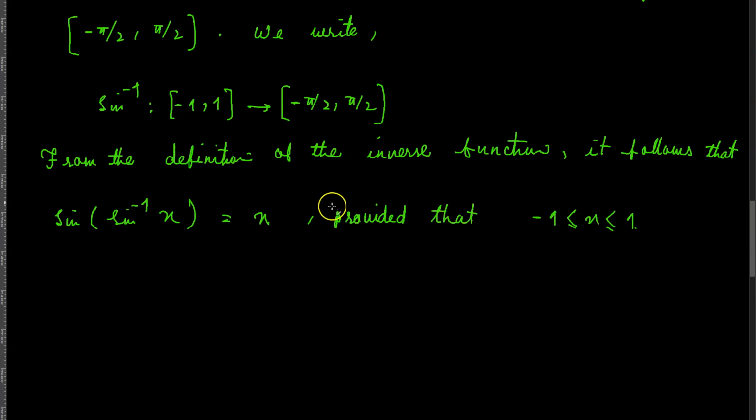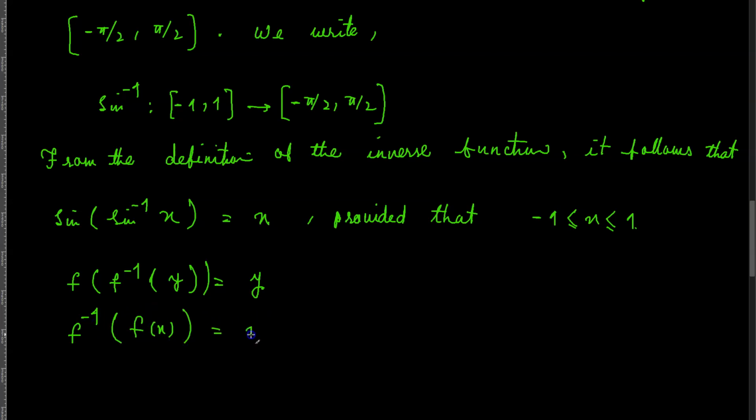And this is because we said that f inverse of y is equal to y, and we said that f inverse of f of x is equal to x, right?